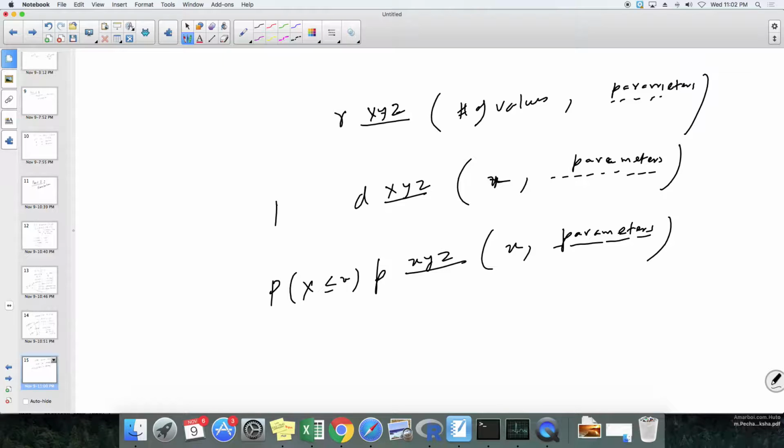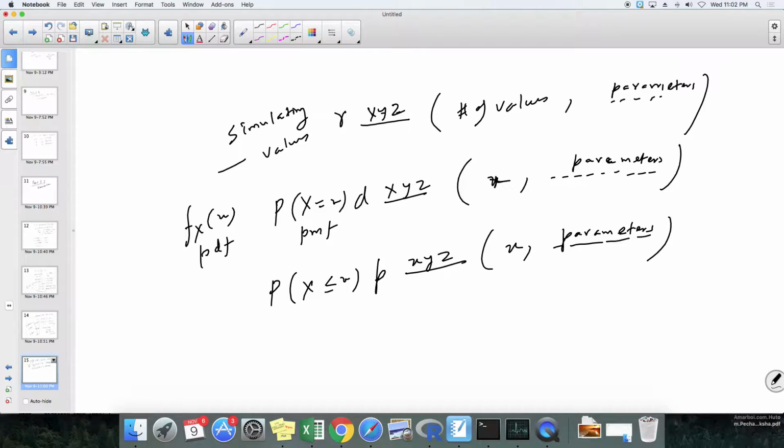The d version gives you either probability X equal to x, which is the PMF, or f of x, which is the PDF, and r is simulating this many values.